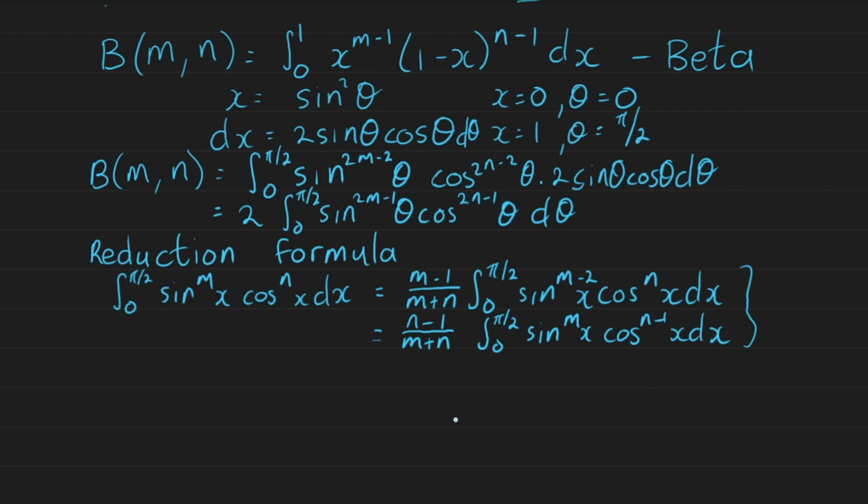So what we're going to do is use these two results. Maybe we'll call this 1 and we'll call this 2. We're going to apply 1 to our beta function as we had just written it.